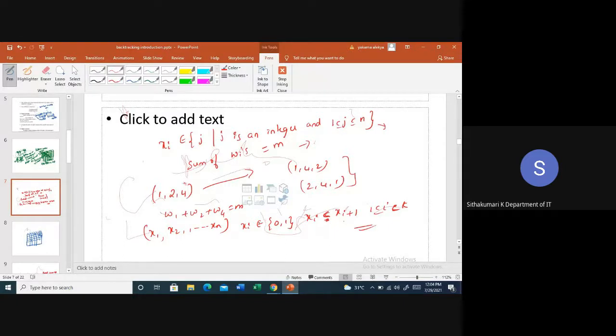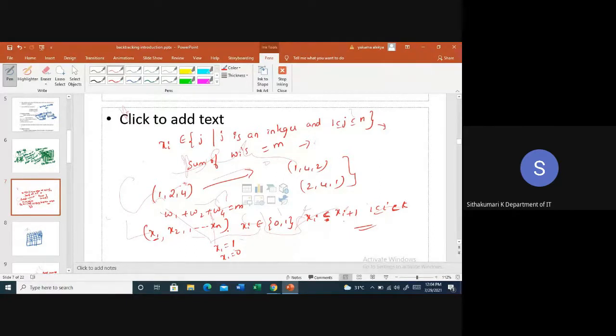If w1 is included in your subset, x1 will be equal to 1. If it is not included, then x1 will be equal to 0. If xi is 0, wi is not chosen. If xi is 1, the corresponding wi is chosen.